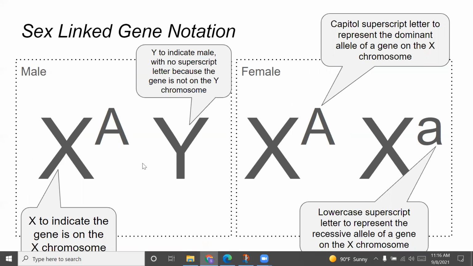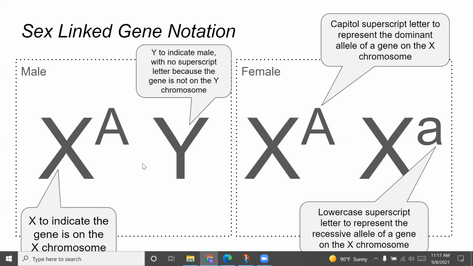If it's a sex-linked trait, the Y will have no superscript, because if the gene is only on the X chromosome, it wouldn't make sense to write it here. So the Y indicates male with no superscript because it doesn't have that gene. And that's exactly why males are more likely to get certain diseases that are on the X chromosome. So we're still going with capital dominant, lowercase recessive, but the Y will not have a superscript.